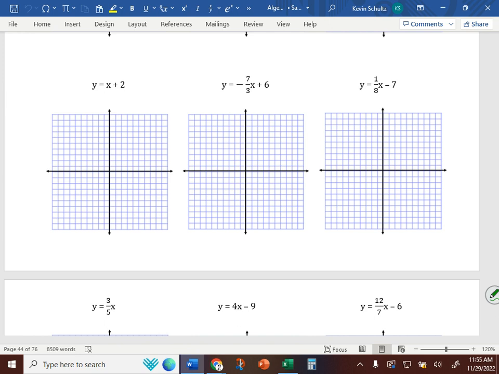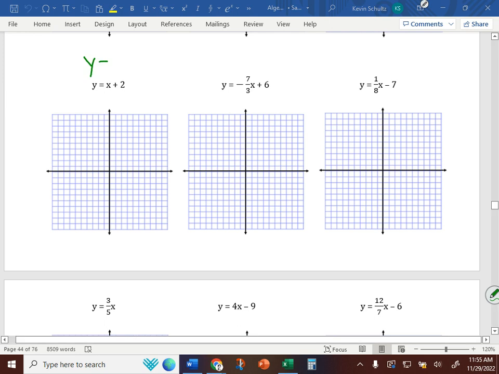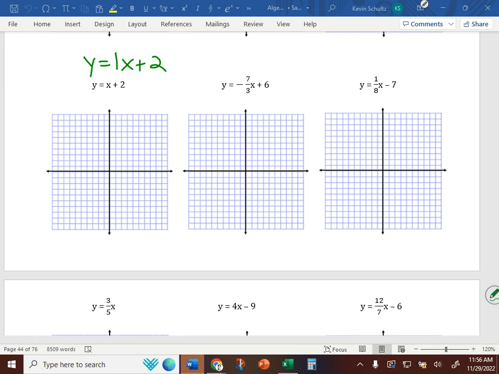We just talked about this. It's a 1. Okay? This is the same as y equals 1x plus 2. So that slope of the line is 1, but as a fraction, we think about it as 1 over 1, or up 1 over 1.